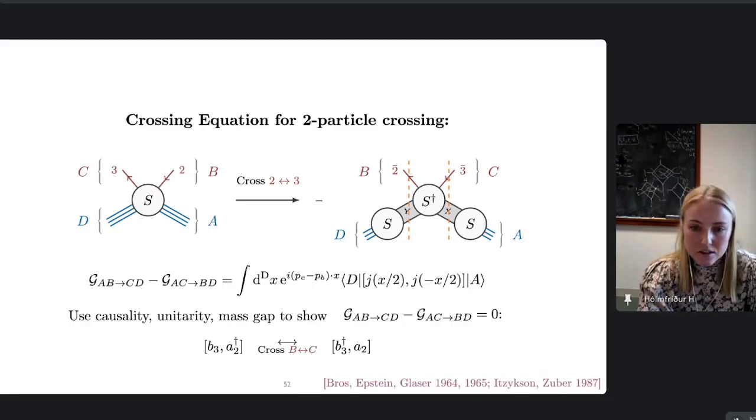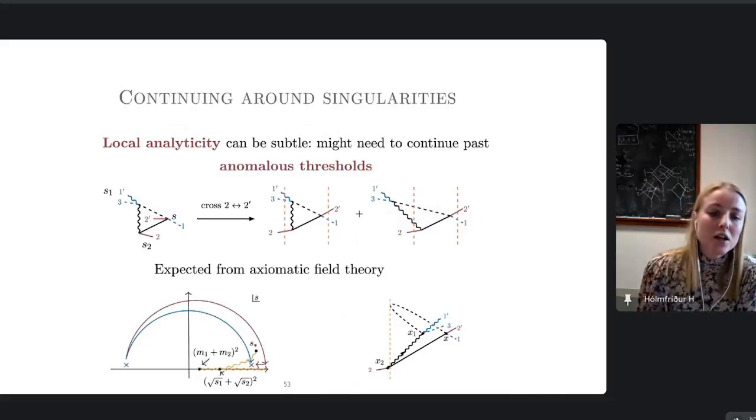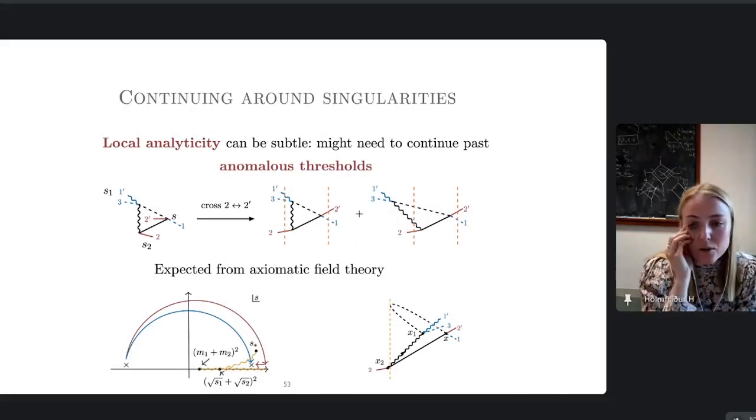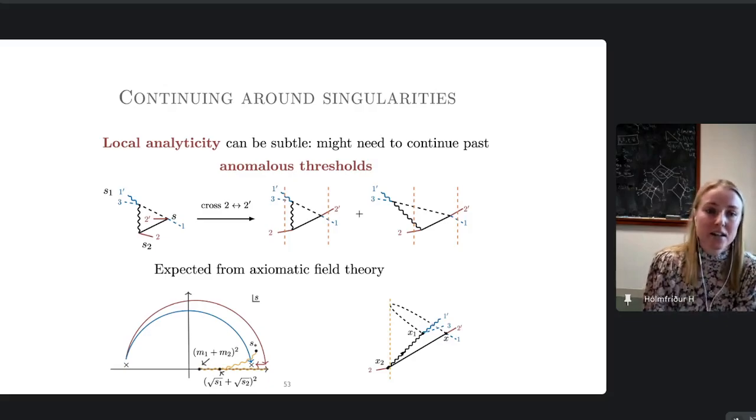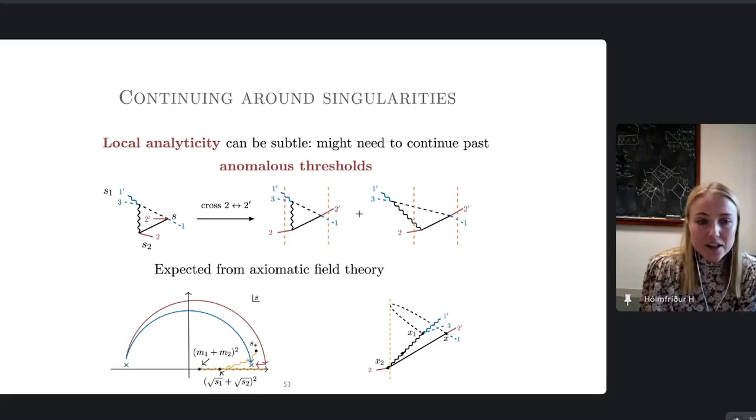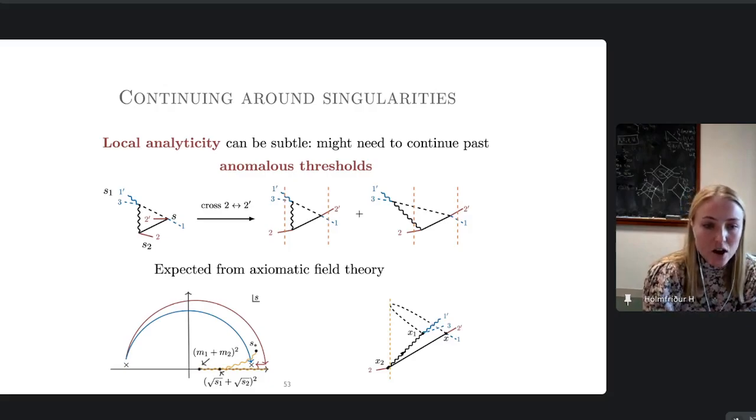But it's also very important that we assume that the path of analytic continuation exists. And this can be very, very subtle, so we have a whole section in our paper devoted to this. We might need to continue past anomalous thresholds. This is entirely expected from axiomatic field theory. In practice, we have to take a large enough arc in this complex plane.